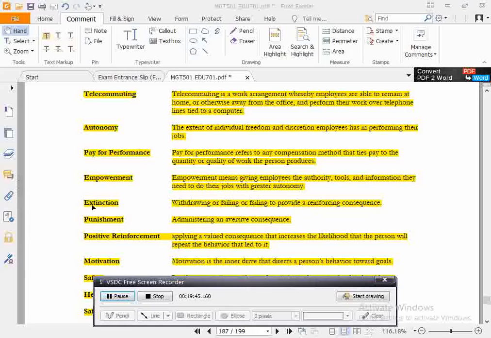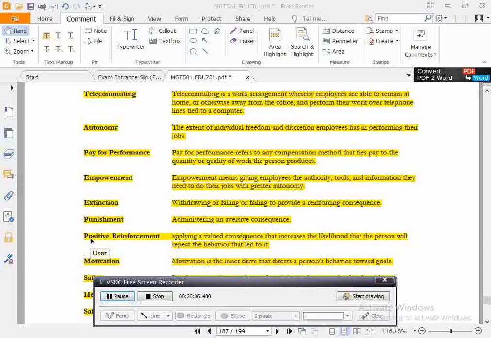Extinction: withdrawing or failing to provide a reinforcing consequence. Punishment: administering an adverse consequence.